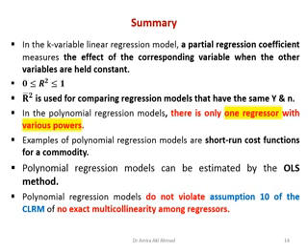Thus, a disadvantage of the multiple coefficient of determination is that it is an increasing function of the number of regressors. To avoid this shortcoming, the adjusted R-squared is introduced.